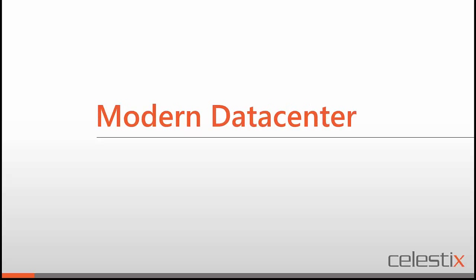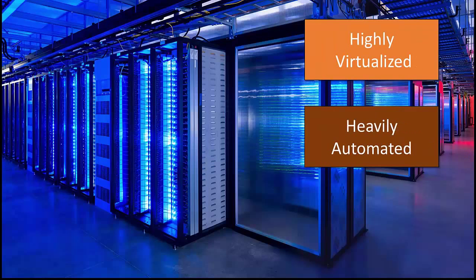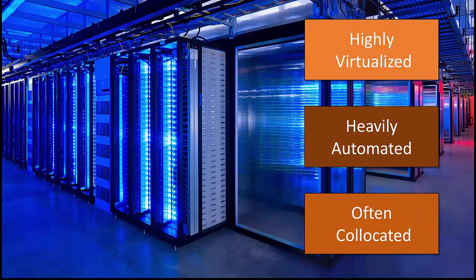So Celestix has a long history of delivering its security solutions using our dedicated purpose-built advanced hardware appliance platform. However, the data center is rapidly evolving. Today's modern data center is highly virtualized, often heavily automated, and of course sometimes even co-located.